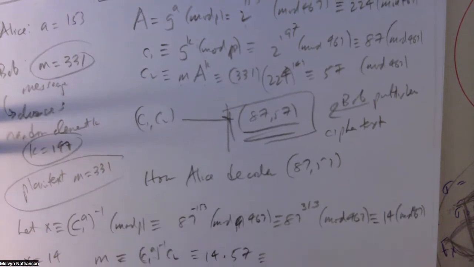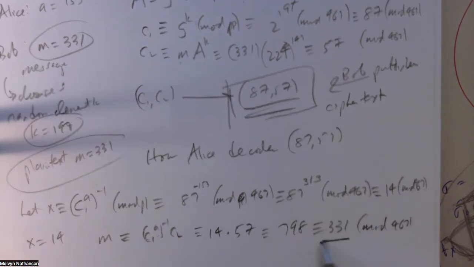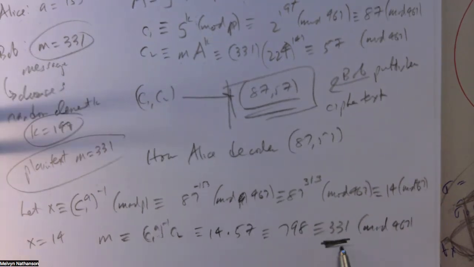You multiply it together. I'm just doing it by hand. 57 times 14, 228, 57, 798. And mod 467, this is congruent to 331, mod 467. So Alice finds out that the message that Bob sent her is the number 331.